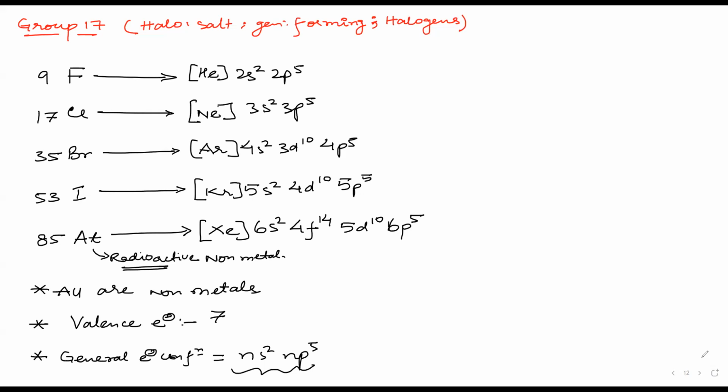Okay, so let us start. Number 1, oxidation state. What will be the oxidation state here? From valence electron minus 8 to valence electron, so -1 to +7.